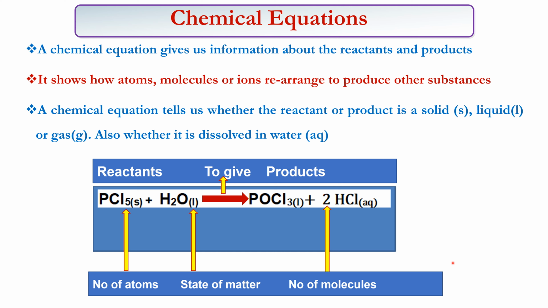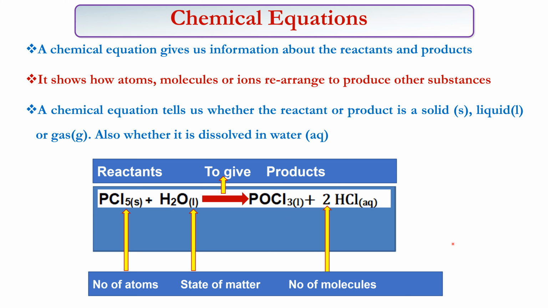And also, it tells us the number of atoms that are reacting. So for instance, it shows us here that there are 5 chlorine atoms and that there are 2 hydrogen atoms. And on the product side, it shows us that there are 3 chlorine atoms here.